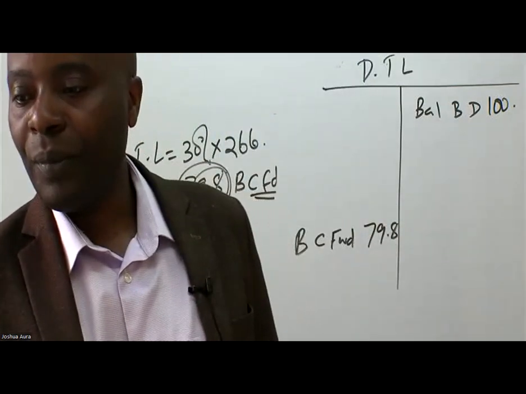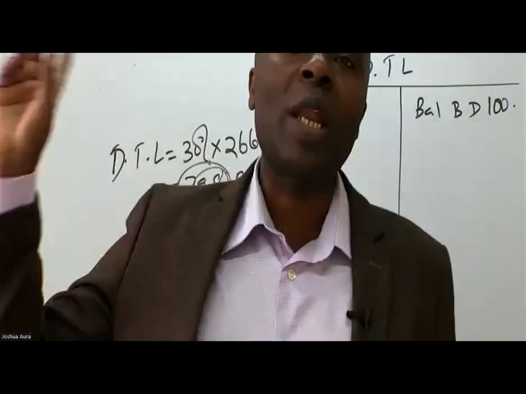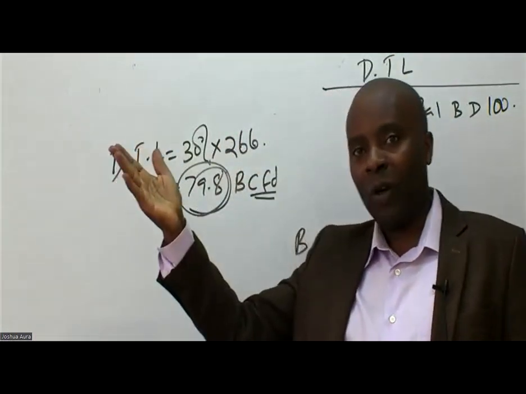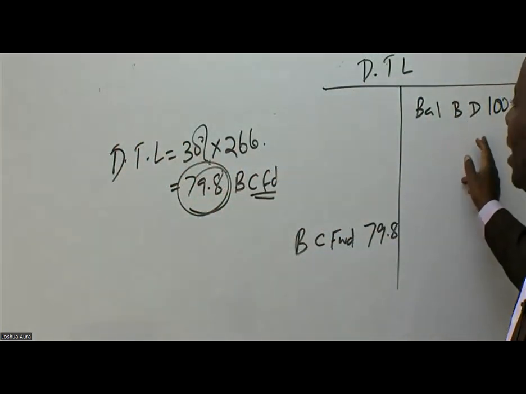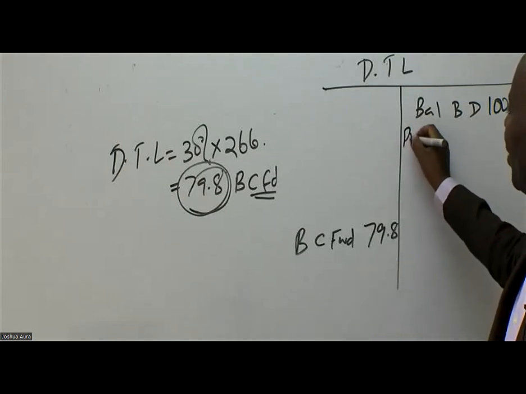In note number 1, they told us that some land and buildings were revalued upwards by 50 million. If it's an upward revaluation, that will increase our liability. We'll be told here to pay something. If it's an upward revaluation, that of course creates a deferred tax liability.